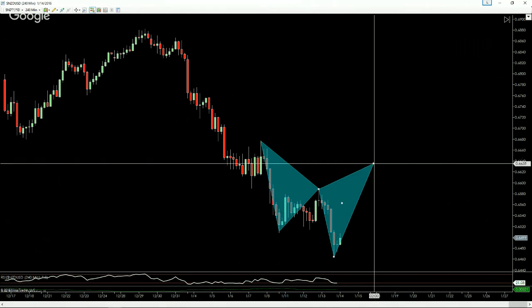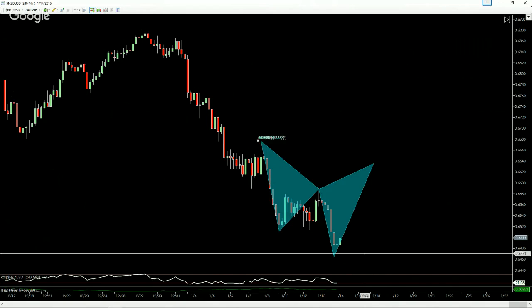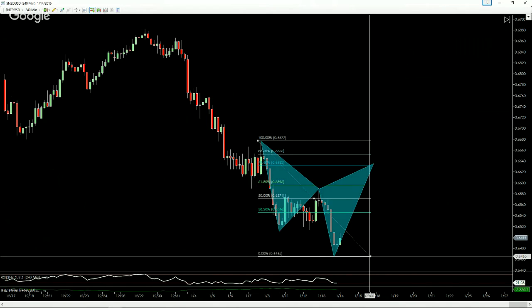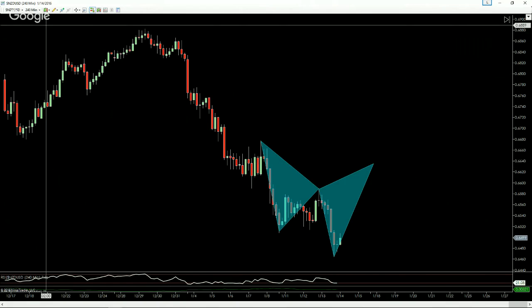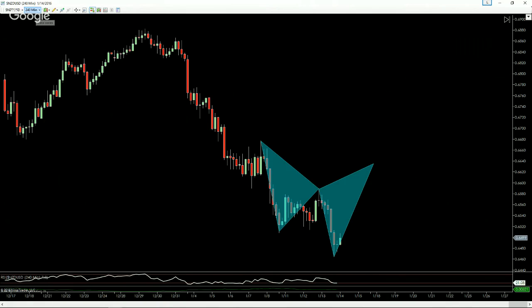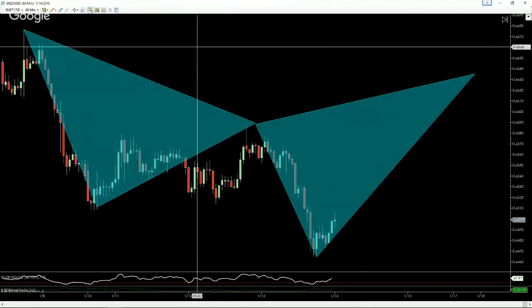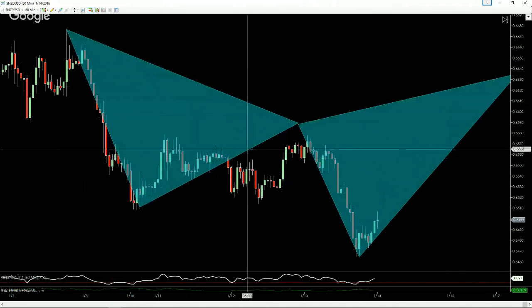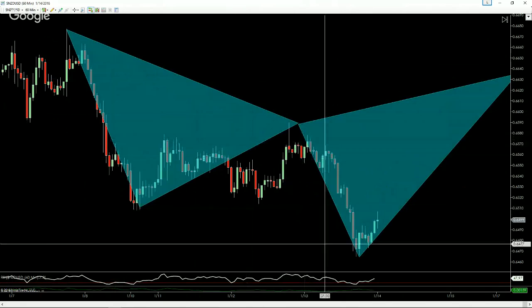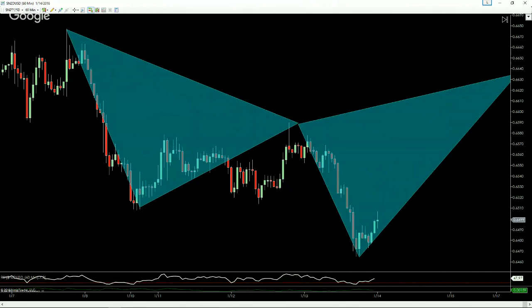If the data had hit the 127 level, of course that will terminate on this at the 786 level. Right, nothing there.